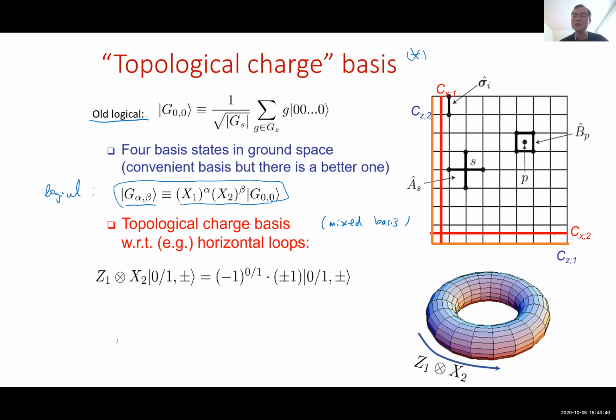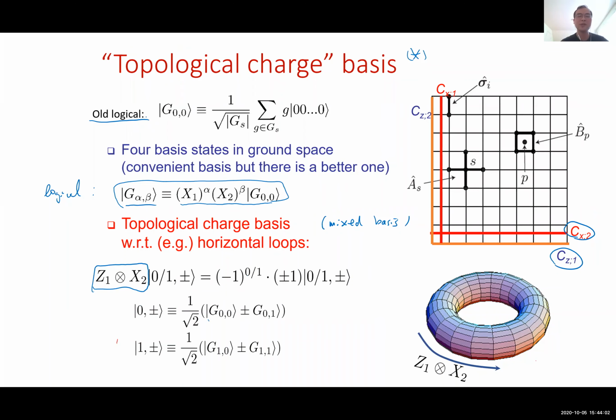Basically, if you take these two lines, CX2 and CZ1, you can define simultaneous eigenstates of Z1 product X2. If you define that, you find that these states are just combinations, really just a plus minus combination. It's really just like a 2 qubit.